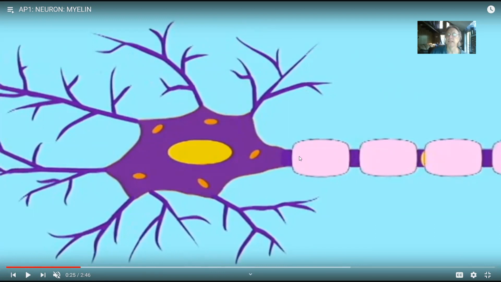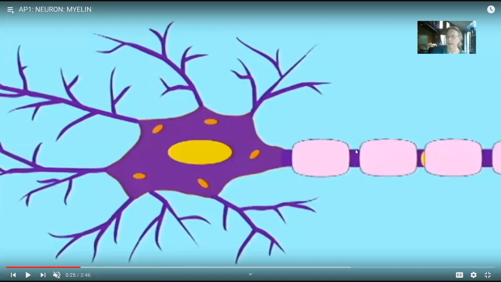There are glial cells, which then make a lipid protein mix called myelin, which then gets wrapped around the axon. So here's a glial cell, which has put myelin at this spot. Here's a glial cell, which has put a myelin at this spot, etc. So each of these is a cell.